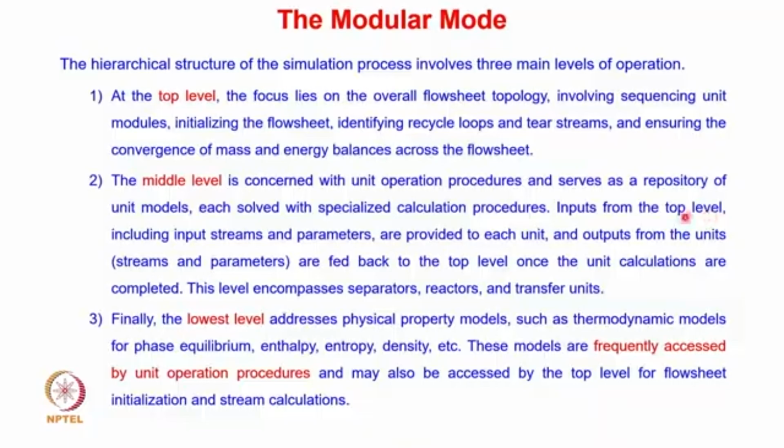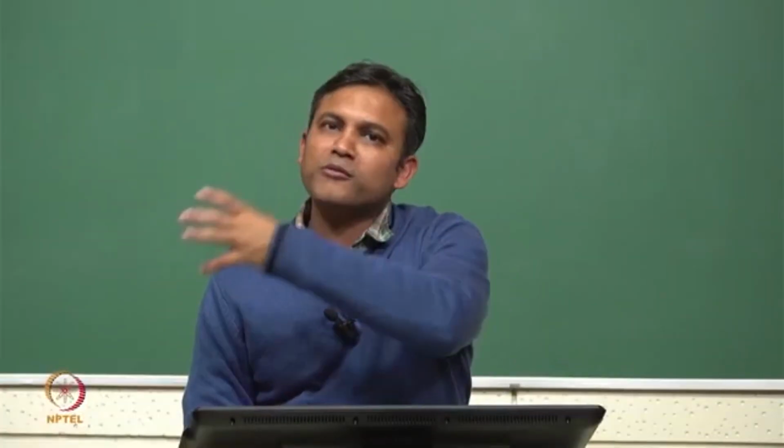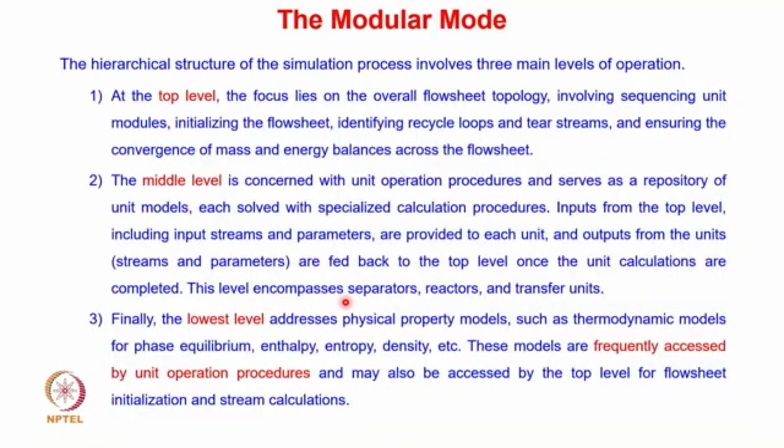Inputs from the top level, including the input streams and the parameters, are provided to each unit, and outputs from the units are fed back to the top level once the unit calculations are completed. Then the top level is again transferring that information to the next unit in the sequence. So this level encompasses separators, reactors, transfer units, and other units present in the flow sheet.